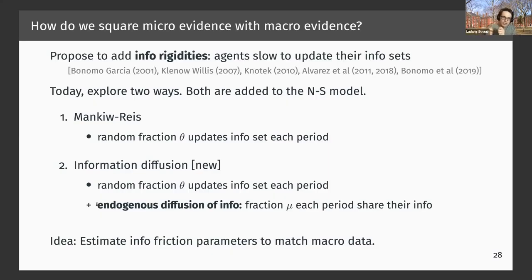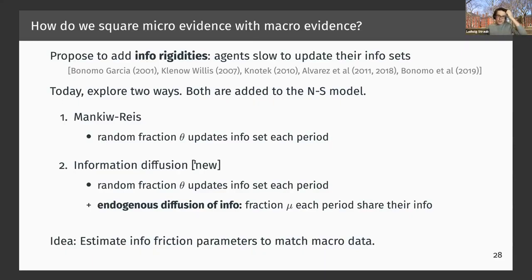In addition to the random theta of people that learn, there's also a fraction mu every period that meet and share information. This turns out to be really nice, because it generates a more sluggish response of the information sets over time.